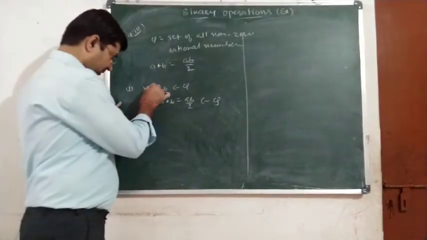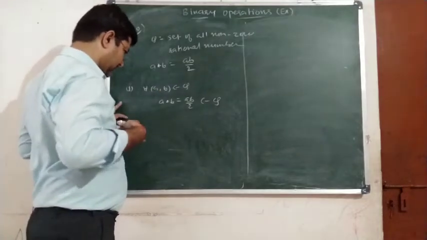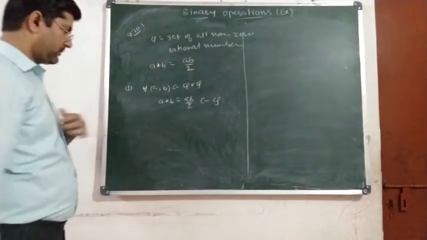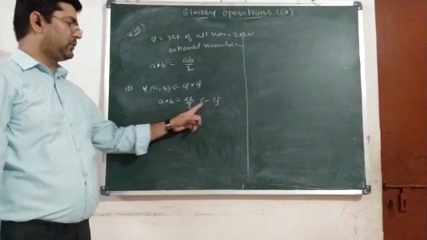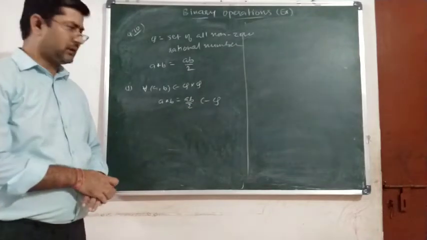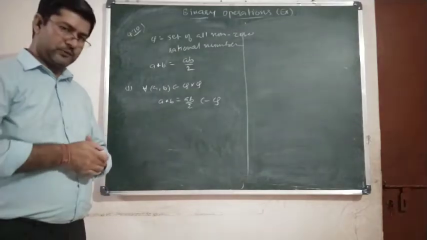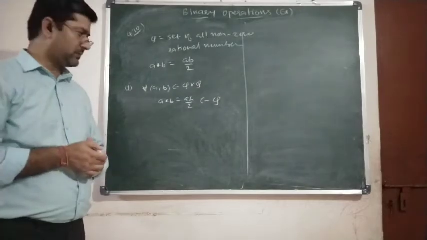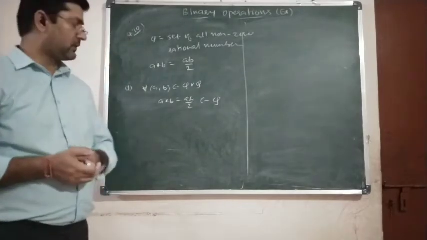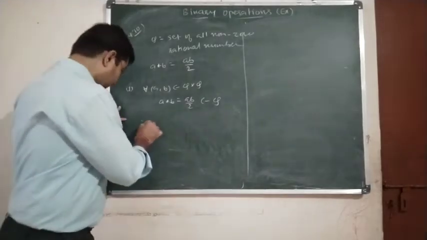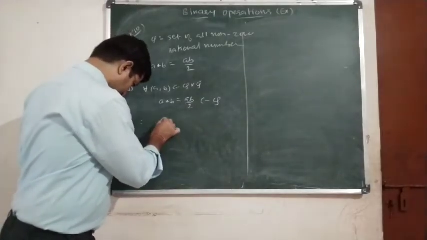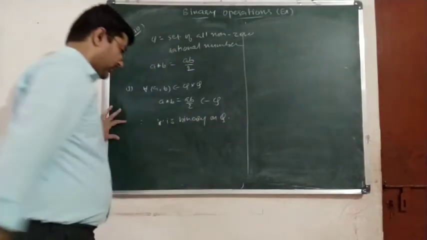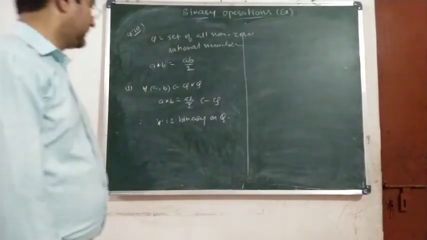If we consider this as an ordered pair, A comma B belongs to Q comma Q, A asterisk B is equal to AB by 2, which obviously will be a non-zero rational number only, because A and B are non-zero. So the product AB divided by 2 will always be a rational number, because it will be a fraction only, whether positive or negative, and therefore we can say that asterisk is binary on Q, or it holds the closure property in Q.